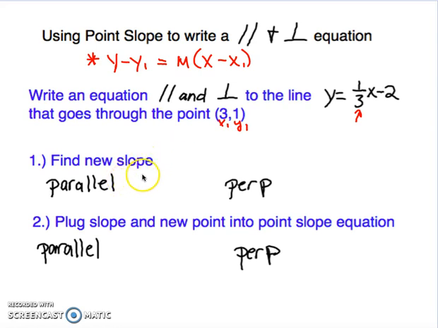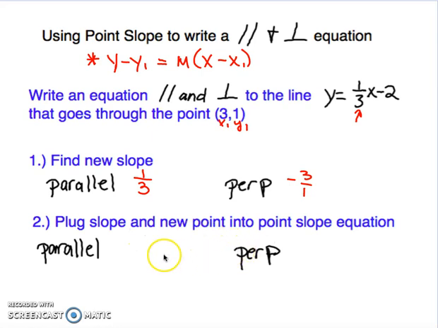So for our parallel slope, we would just keep it the same as our original slope. And for our perpendicular slope, it has to be the opposite of 1/3 and the reciprocal of 1/3, which would be -3/1.